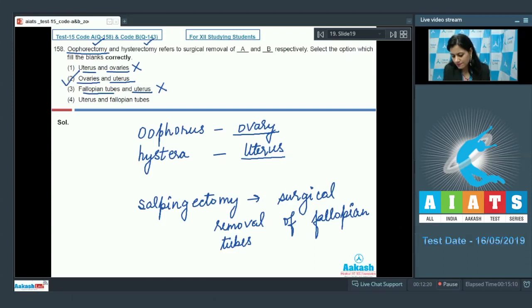The next option given is uterus and fallopian tubes, and this cannot be a correct answer to our question because surgical removal of fallopian tubes is known as salpingectomy. So the correct answer to this question is option number 2. Let's discuss our next question.